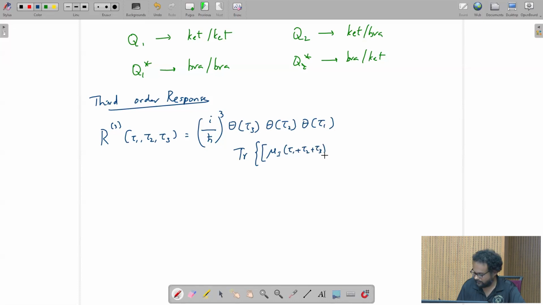Third interaction, second interaction, tau 1 plus tau 2, followed by first interaction. It's not followed, it happens first, but I'm writing it in that way. Final term. I kind of messed up the brackets.